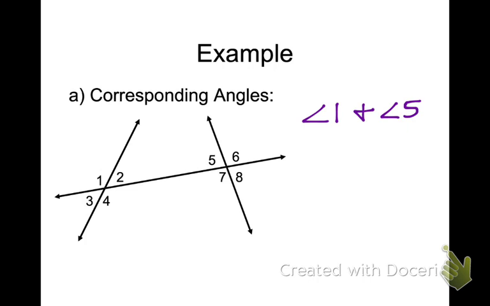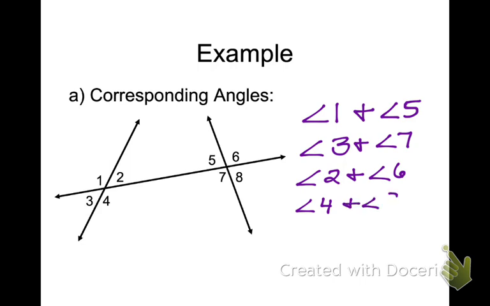What about 3? 7, good. So angle 3 and angle 7 are corresponding. What about 2? 6, good. And that leaves us with 4 matching up with 8. So you have 4 different corresponding angle pairs, which makes sense because you have 8 total angles. If you were to pair them up, you should get 4.